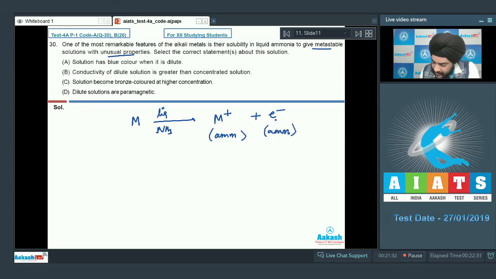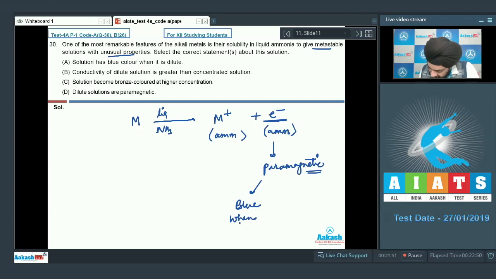Now what happens is these unpaired electrons present in the solution give paramagnetic property to the solution, due to which it exhibits color. So the solution is blue color when it's dilute. Now if we increase the concentration, due to increment of concentration, these electrons start pairing up and then the paramagnetism decreases.